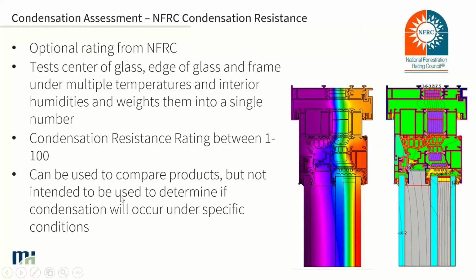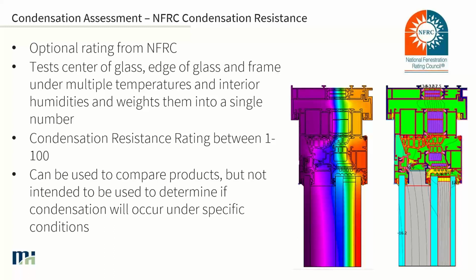Now, how have we typically looked at condensation resistance from a couple different perspectives? Maybe from the manufacturing side, some of you have used the NFRC methodology from NFRC 500. That's the condensation resistance value.